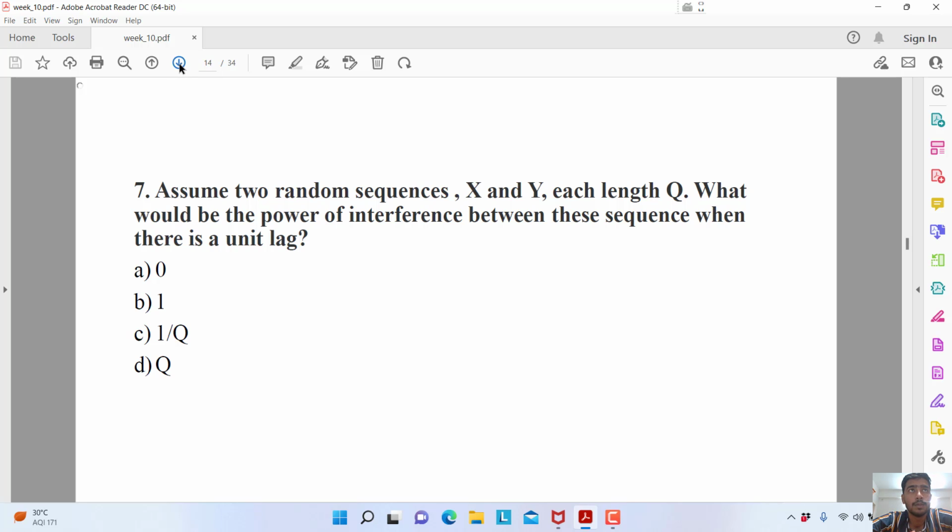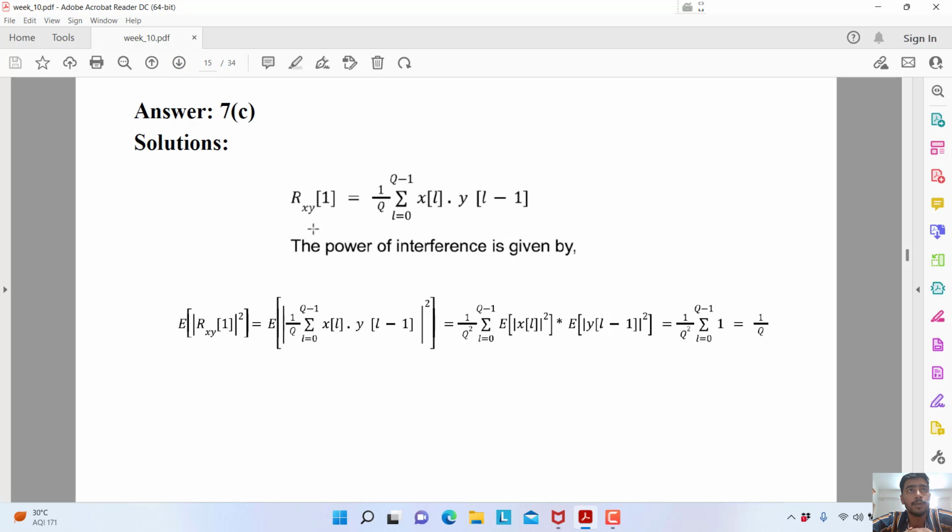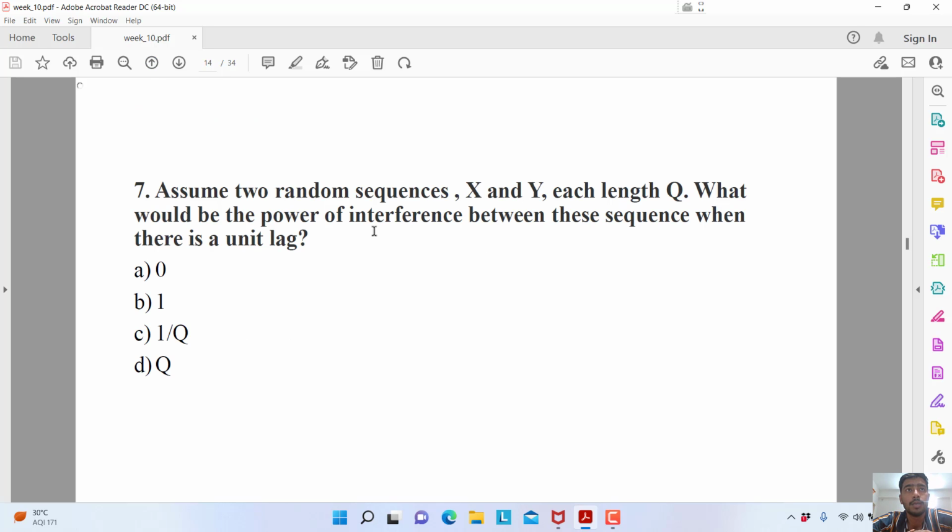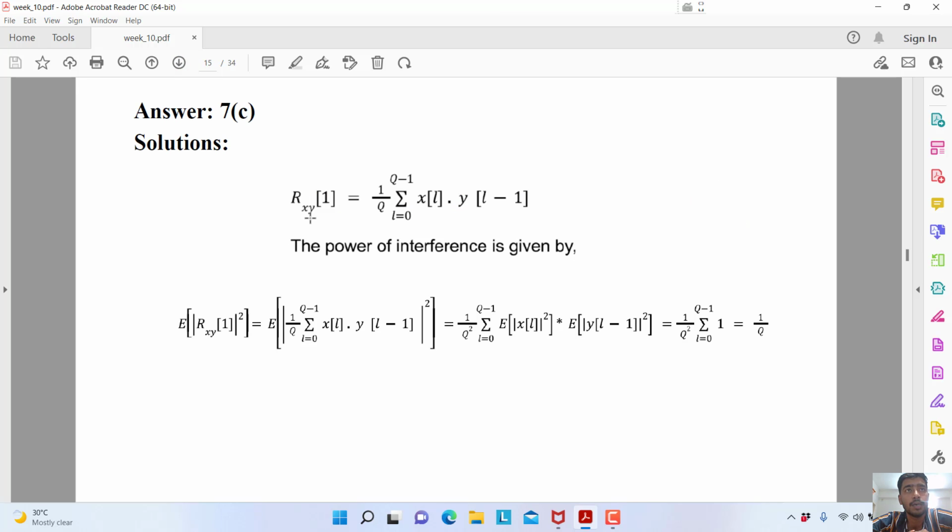According to the question, we have two random sequences x and y, and they both have a 1 unit lag. We have to calculate the power of interference. Firstly we will calculate the correlation between these two sequences, both of length q.